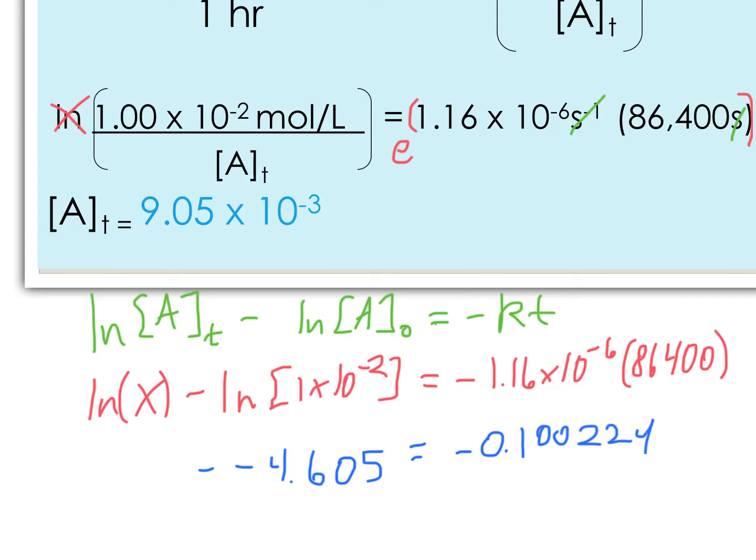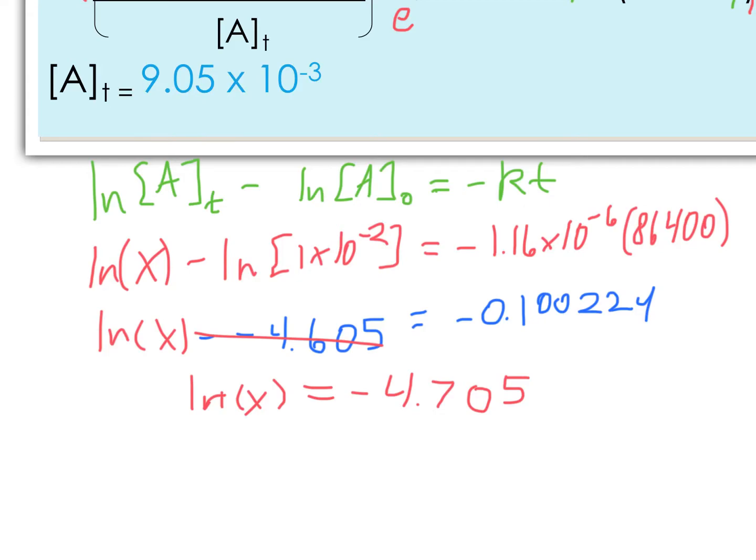So I have my ln of x minus a negative 4.605. To get rid of the negative minus the negative 4.605, I'll add to the other side, which gives me ln of x equals negative 4.705. Now I'm not done because I still have the ln of x and I just want x by itself.